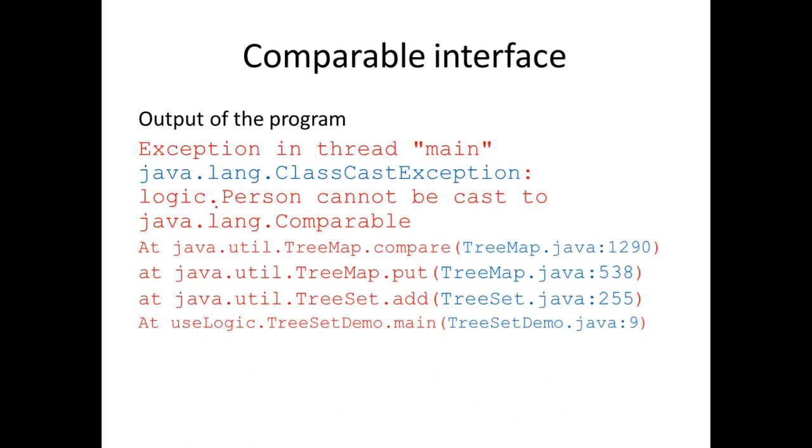The reason is the Person class has not implemented the interface Comparable. Had that been implemented, you would have had no problem in adding the instances of the Person class in the TreeSet. Let's see how to run this program now, how to come out of this exception.